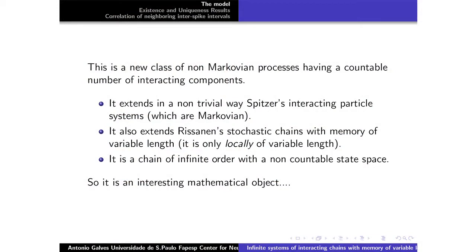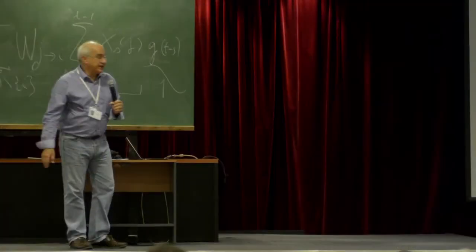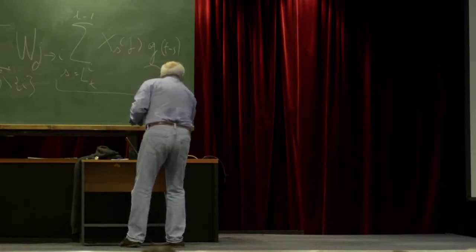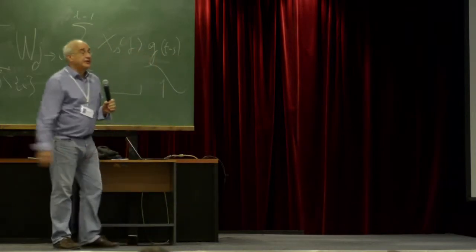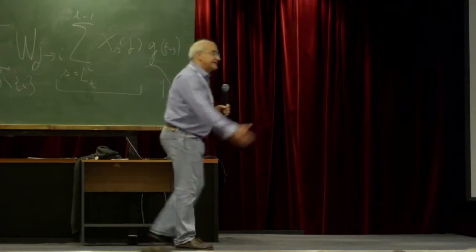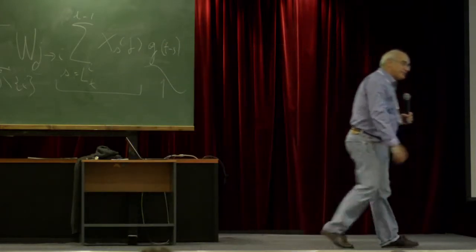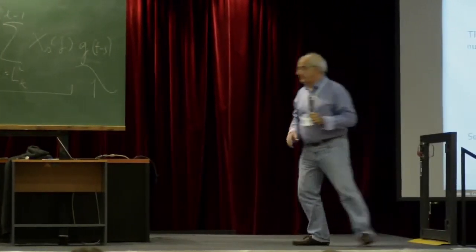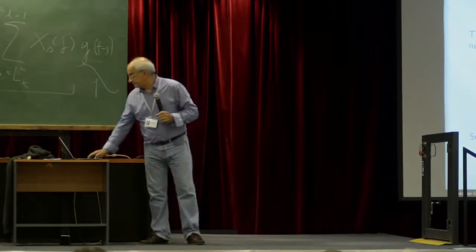So this is a chain of infinite order with a non-countable state space. And this is an interesting object from a purely mathematical point of view. Now, Marcelo, I hope that this is also interesting from a biological point of view. And this is a real question.